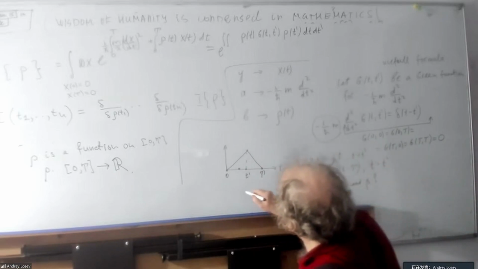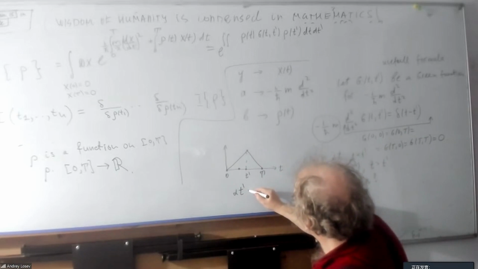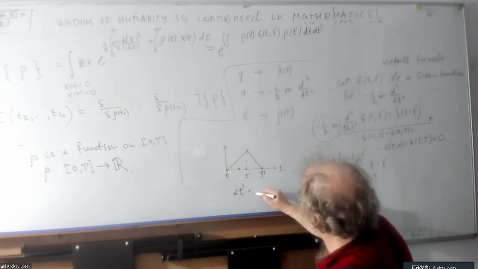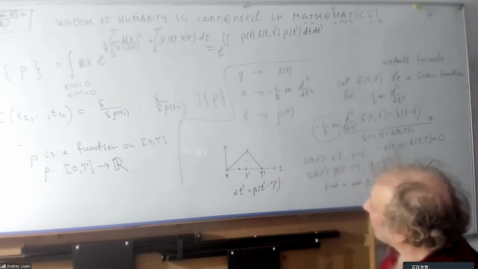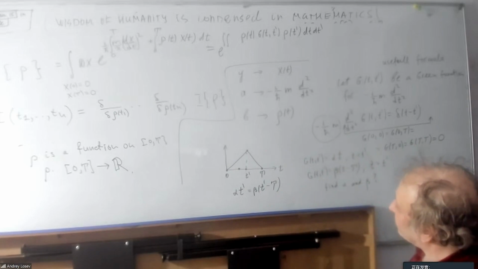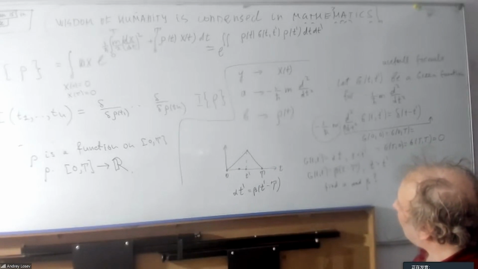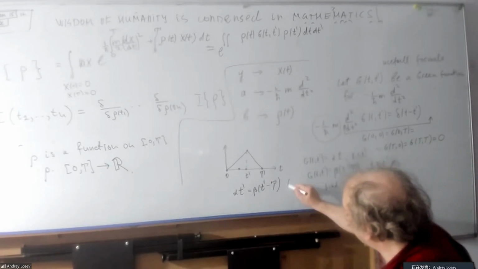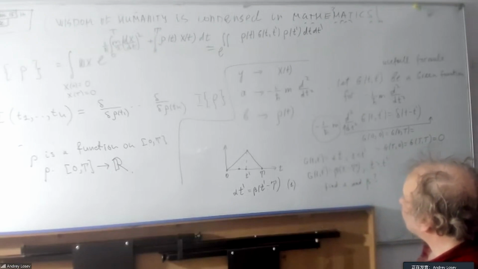So it means that alpha t prime equals beta times (t prime minus T capital). Okay, but it's only one equation. What is the second equation?